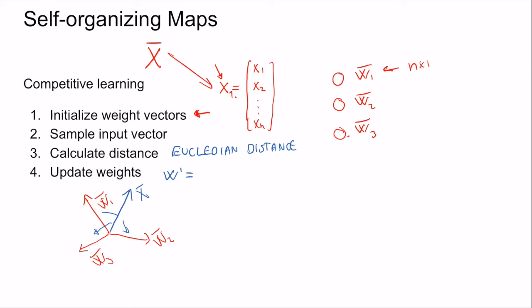W prime, the new weights, are essentially W, the previous value, plus the learning rate times x minus W. So what this means is that, for instance, if this vector was selected because it was the closest to x, then if x is this vector and W is this other vector, W1, then this update rule will bring W closer to x. W1 prime is now closer to x.